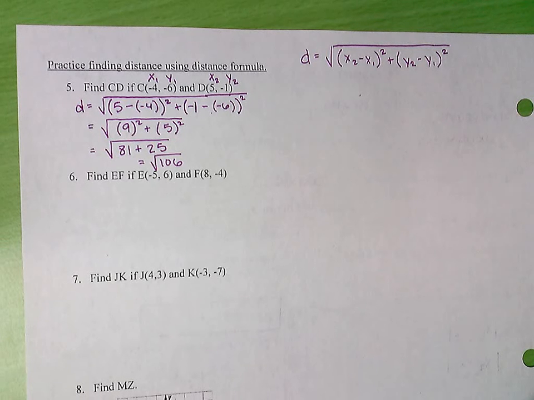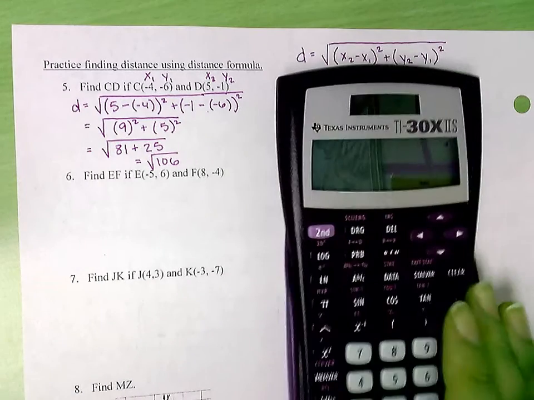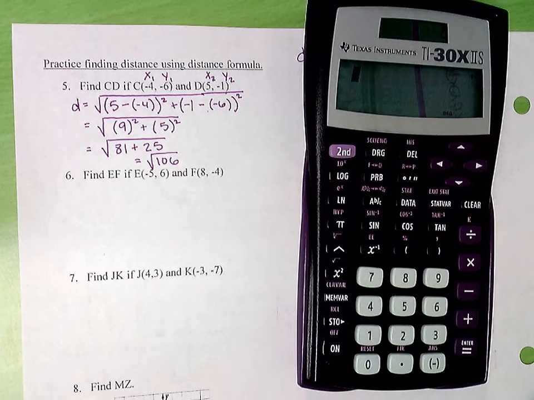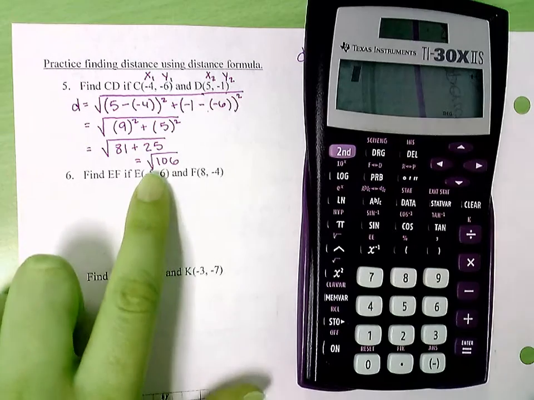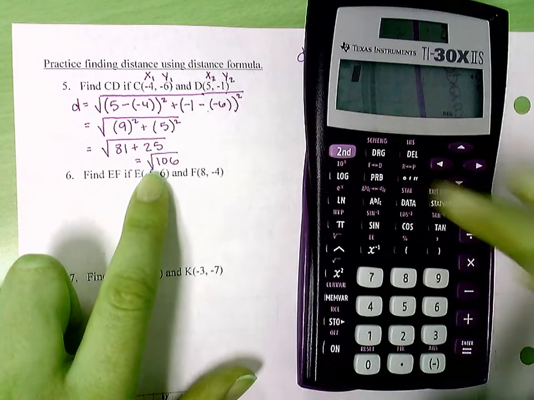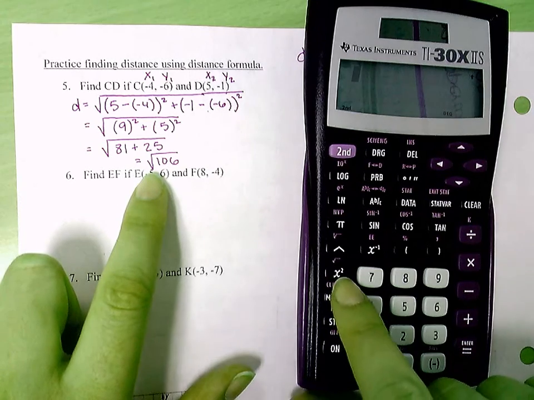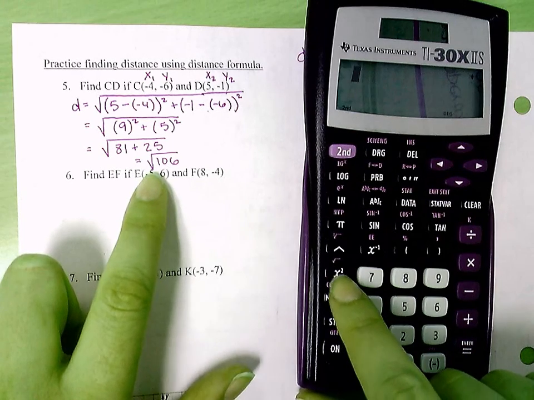Okay, from here, I can just use my calculator and get a decimal. So, on your calculator, I know it's a little hard to see with the glare and everything, but if you have a calculator kind of like this, to get that square root symbol, you need to press second, and then that x to the power of 2 button. Okay?